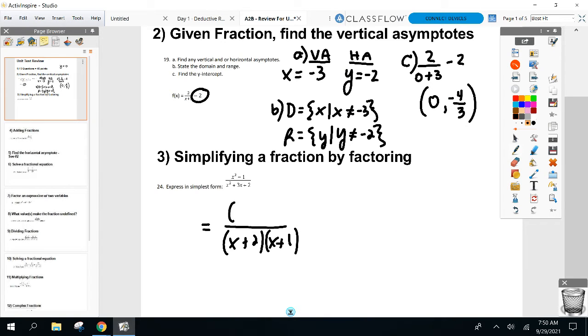X plus 1, x minus 1. Yep, good. Factor first, cross out later. And then hopefully we can see here, I cross out my x plus 1s. The simplified version is x minus 1 on top, you can leave it in parentheses, x plus 2 on the bottom. Don't cross off the x's. I can't. We're done.